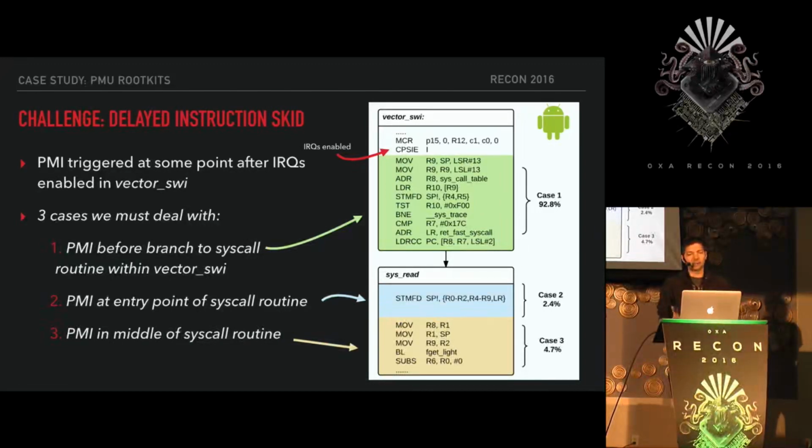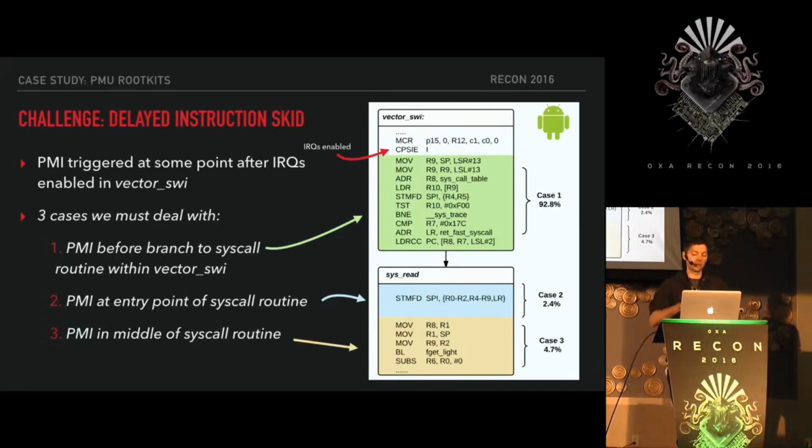So we have 3 cases we have to deal with because of the instruction skid I mentioned before. Even though interrupts are enabled right here, the PMU's interrupt might be handled somewhere in the vector SWI handler before branching to the resolved system call routine.